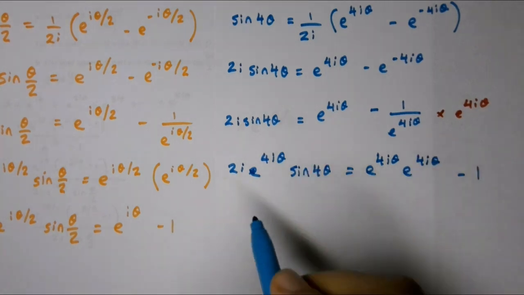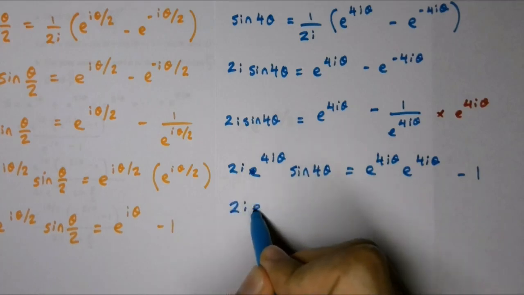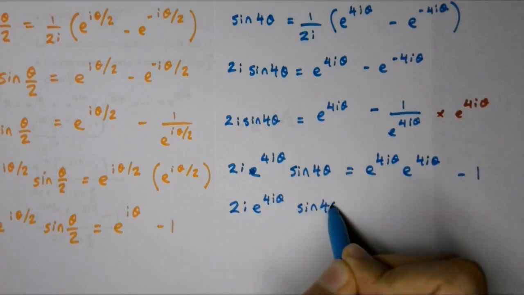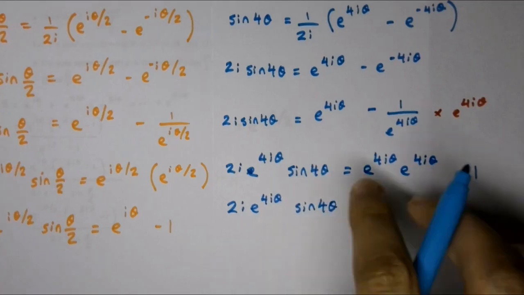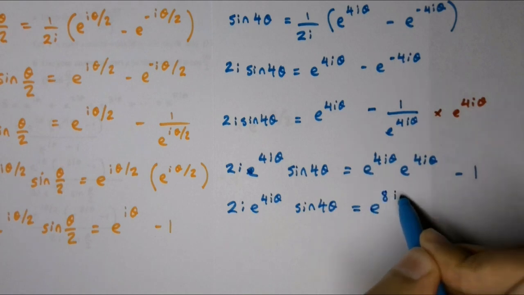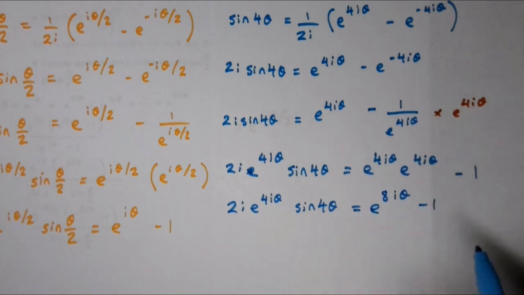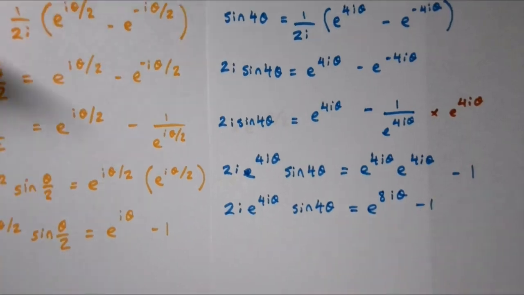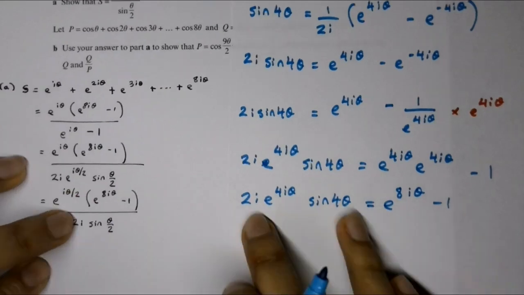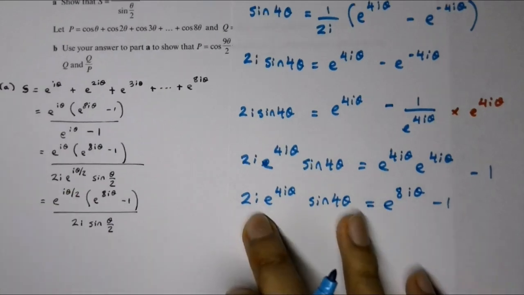So over here we have 2i e to the 4i theta times the sine of 4 theta. Here we get e to the 8i theta minus 1. So what we will now do is replace this bit with what we have over here.